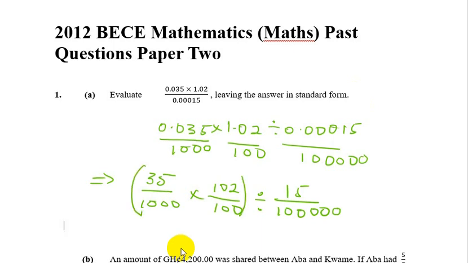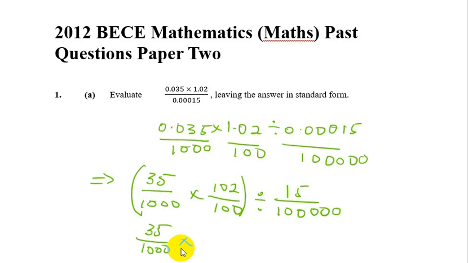What we are going to do is change this division sign to multiplication. So we are going to get 35 over 1000 times 102 over 100, then times, when I'm multiplying, I'll reciprocate this one. So 100,000 on top, on 15 down.